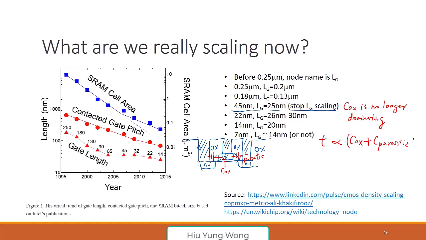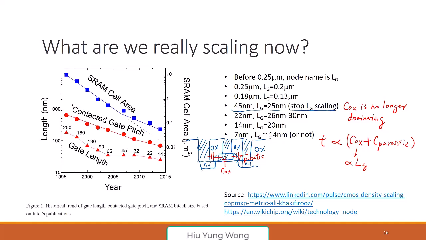And because of this, if you keep scaling C ox, it doesn't help much. You want to do something to reduce the parasitic. So that's why we don't reduce the gate length as much. And that's why what we are really scaling today is not C ox.